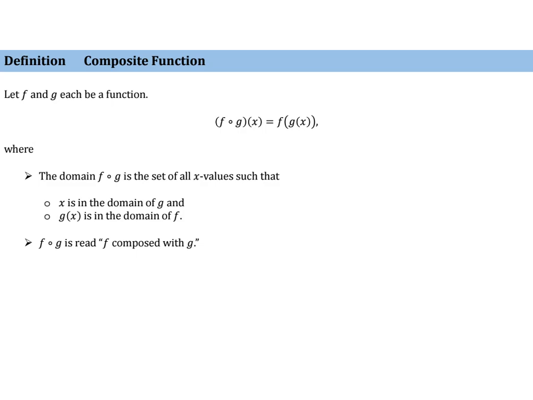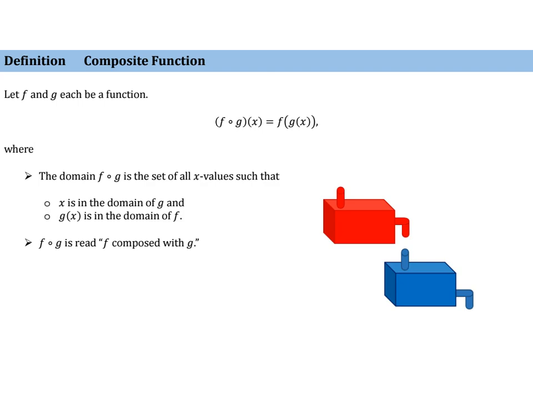So notice that the domain, which we will discuss more, is the set of all x's where x is in the domain of g, and then that output has to be in the domain of f. So if we have an x value, and we put that in to g, we will get out g of x.